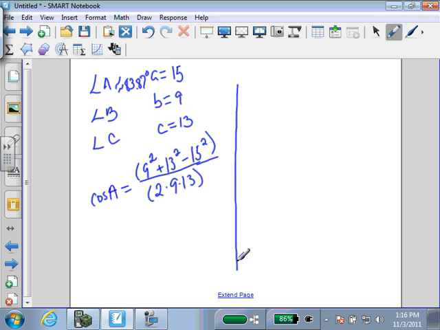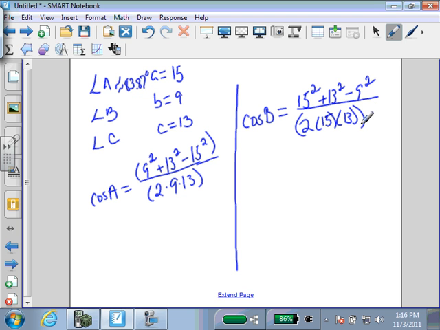Okay, we're going to find angle B. The cosine of angle B is 15 squared plus 13 squared minus 9 squared over 2 times 15 times 13, which I should write with times signs because I'm going to put that in a parenthesis.